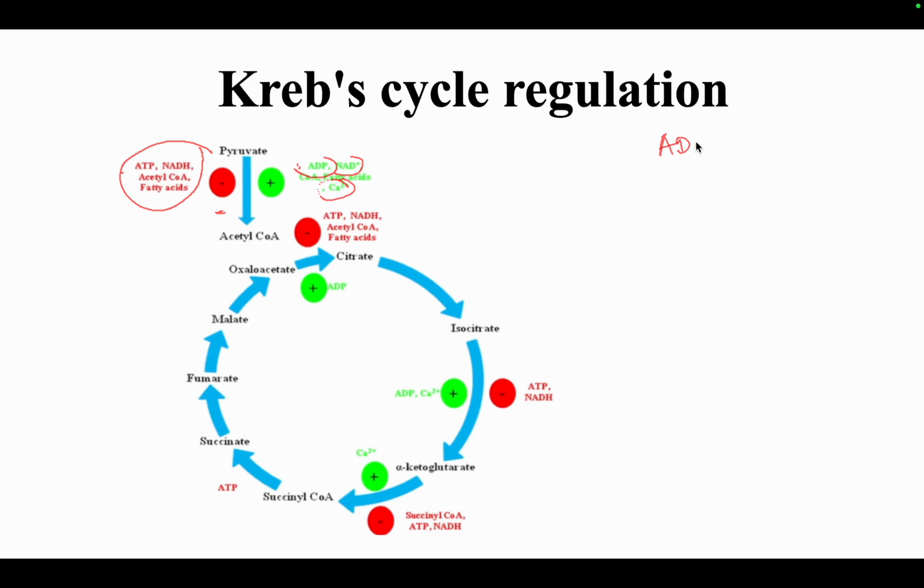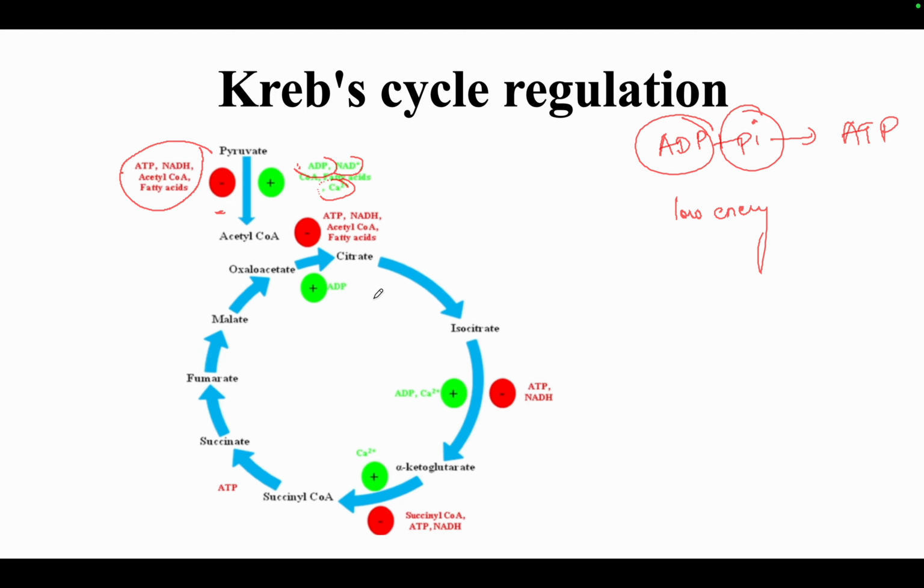ADP plus Pi will give ATP. Whenever the energy currency is low, we'll have higher amounts of ADP, so it will positively regulate. We want the Krebs cycle to occur in order to get the energy currency.